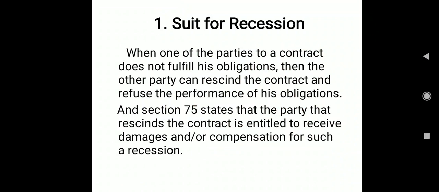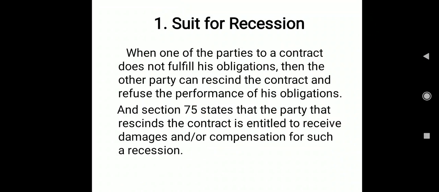It's like when one of the parties to a contract does not fulfill his obligation, then definitely the other party can cancel the contract and refuse the performance of his obligation. Here we can take a simple example.